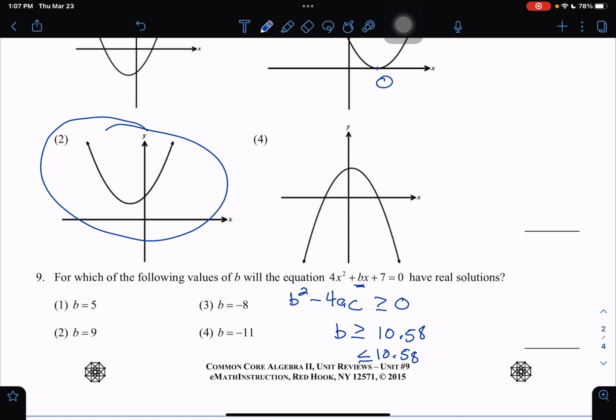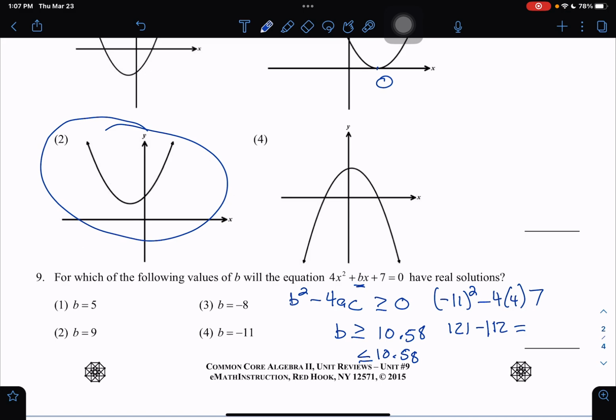Which of the following b values have real solutions? We give you a positive discriminant, right? So b squared, the answer was 4. So if you did negative 11 squared minus 4 times 7, you would get 121 minus 28... 112, right?